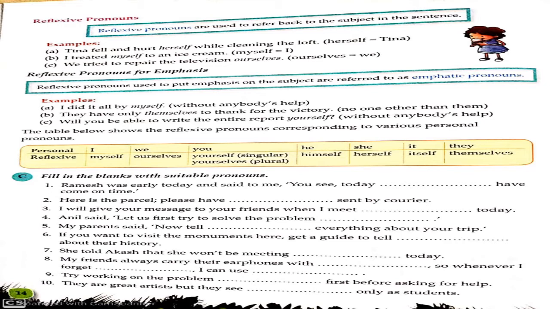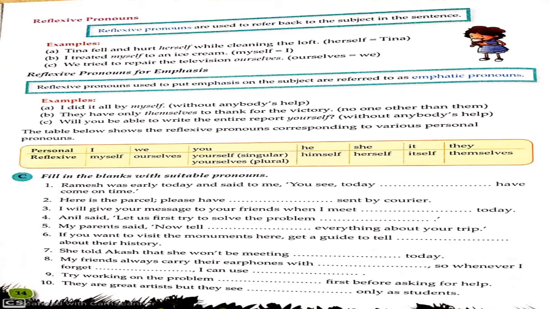Now let's fill in the blanks with the suitable pronoun. Ramesh was early today and said to me, "You see, today dash have come on time."